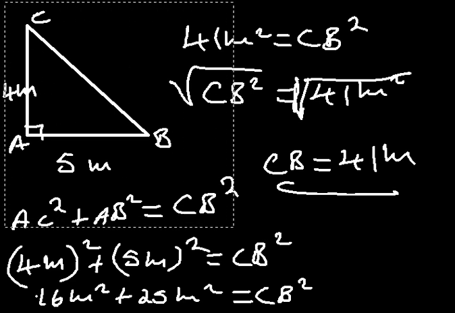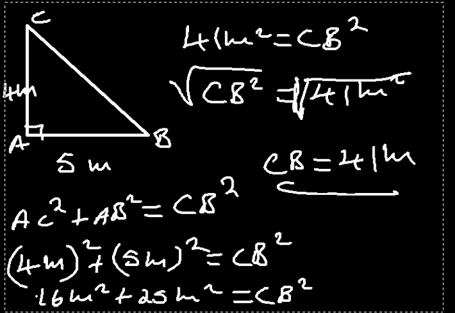So now let's say we have this problem. We have, let's say, a right triangle that goes like this. We have this as x, and let's say this is 9 and this is 8.